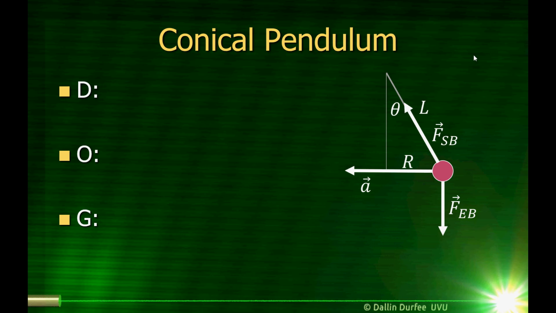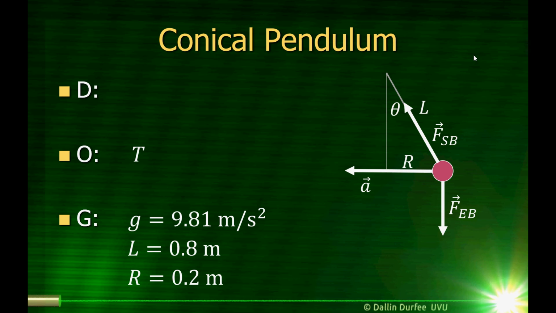Okay, now our objective is to find the time for one circle, for one oscillation, one time around the circle. The givens. We're given that gravity is 9.81 meters per second squared. We're given the length of the string, and we're given the radius of the circle that the ball is making.